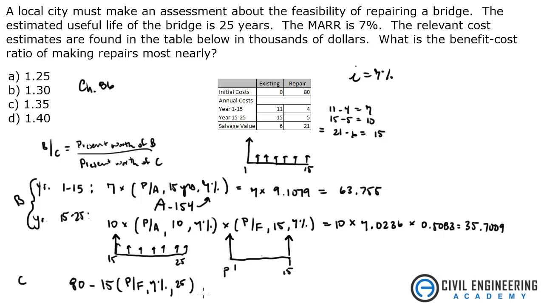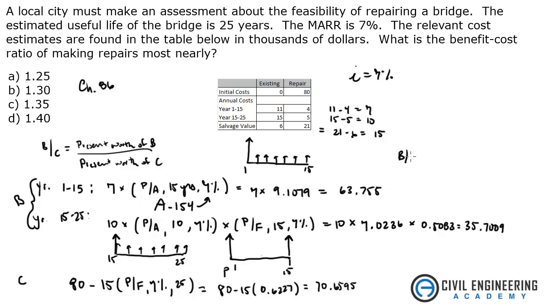And if you look that up in the same table, table A-154, for 7% interest, P over F column, 25 years, you're going to get 80 minus 15 times 0.6227. So that gives me 70.6595.